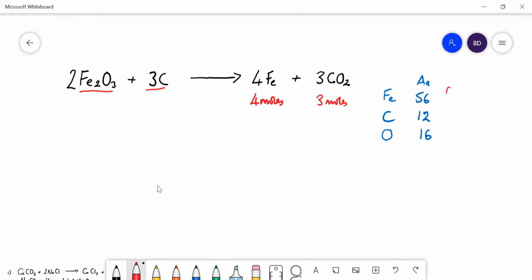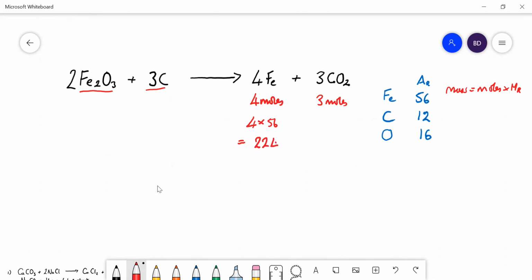So once again, mass is equal to moles times Mr. So the mass of iron is going to be 4 moles, and the Mr, the atomic mass of iron, is 56. So that's equal to 224 grams.